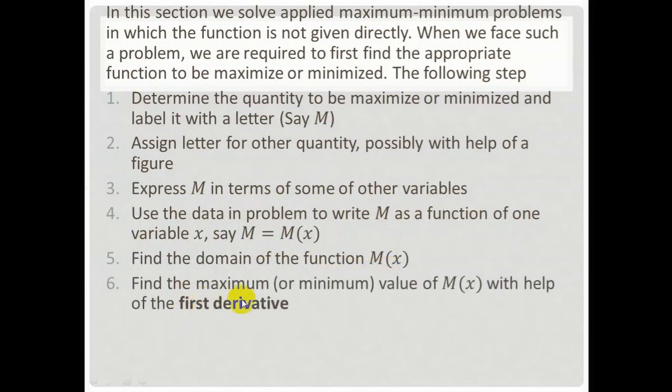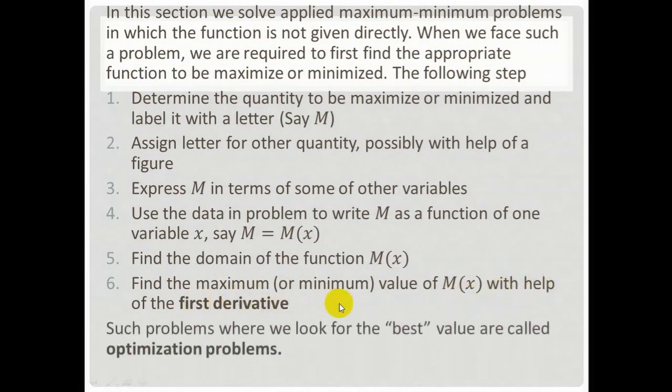Sixth, find the maximum or minimum value of M(x) with the help of the first derivative. Such problems where we look for the best value are called optimization problems. So everyone, when you find an optimization problem, you should find the maximum and the minimum value with the help of the first derivative.